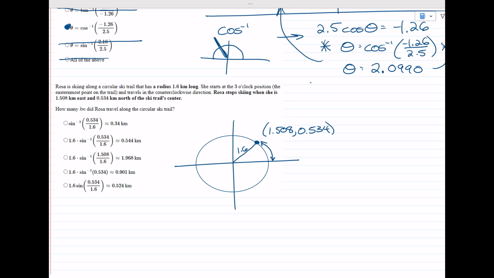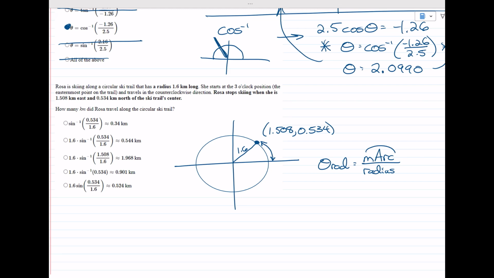So, we know that an angle in radians is defined as the arc divided by the radius, right? So 1 radian is the length that 1 radius would cover if you were to wrap it around the circle's circumference.